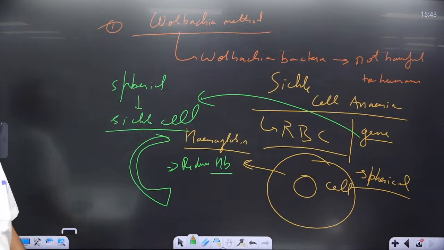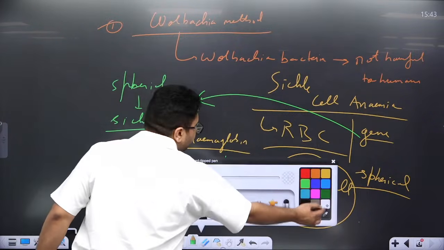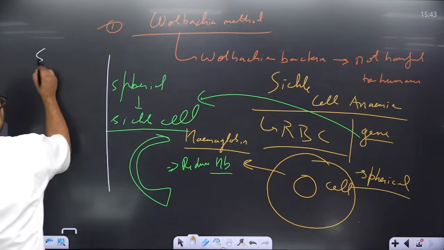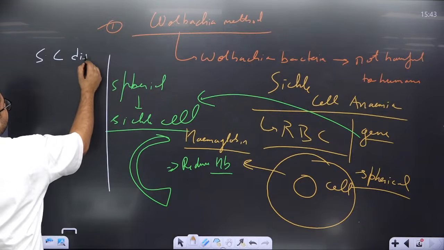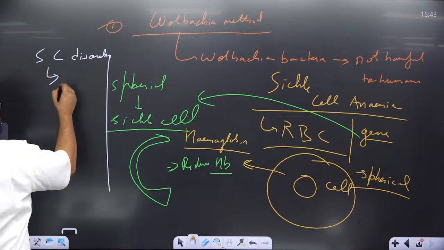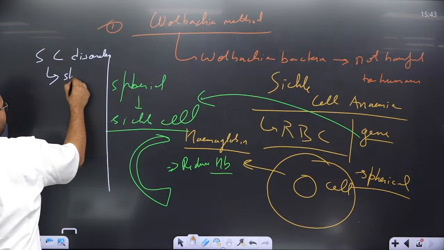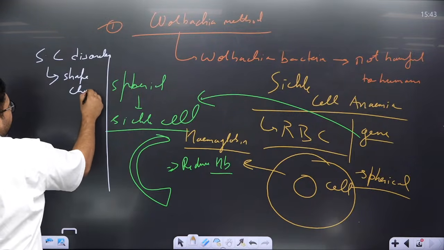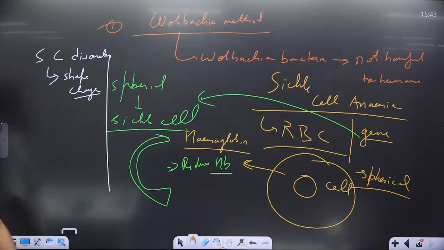One last thing about sickle cell is that there are two types of sickle cell disease. One is sickle cell disorder, which means there is a problem in the shape. When the shape changes, that is known as sickle cell disorder.